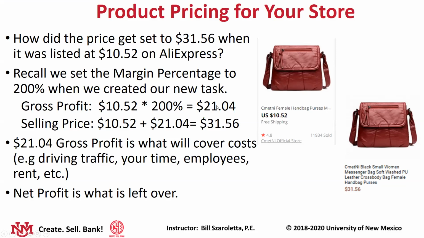So the gross profit is $21.04, which is 200% times that. But the selling price is the cost, the $10.52, plus that gross profit. So it becomes $31.56, which you see here. And that $21.04 has got to cover your costs and various things like that. And your net profit is what's left over.